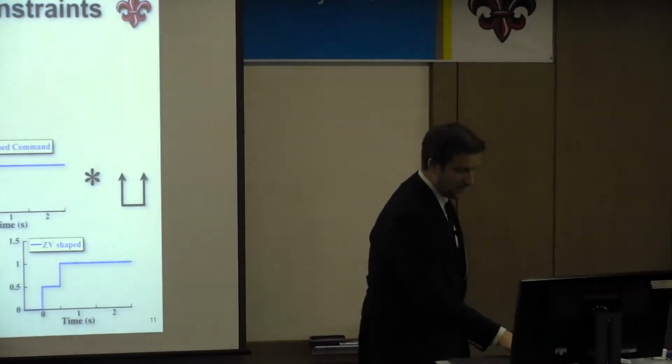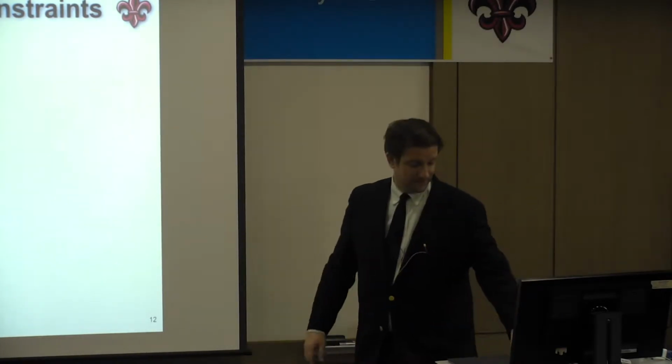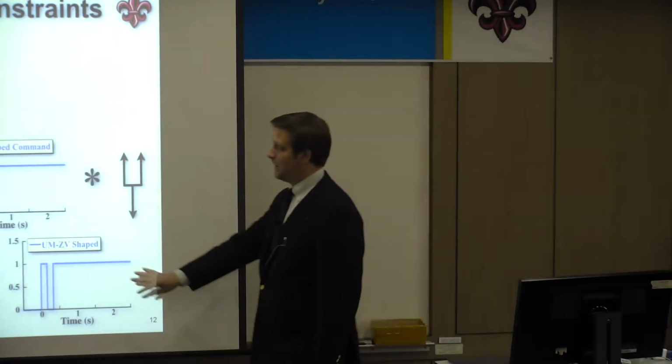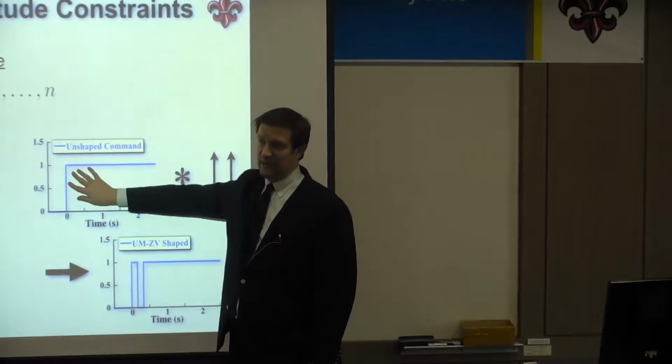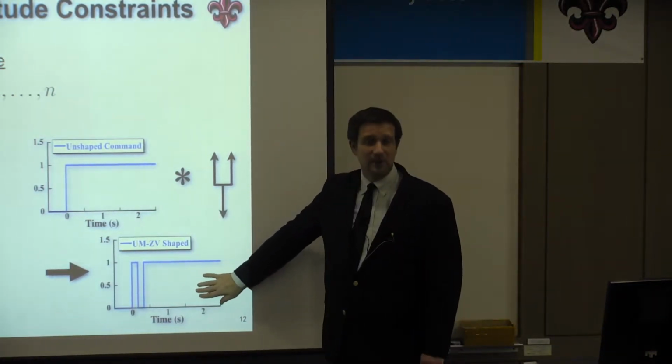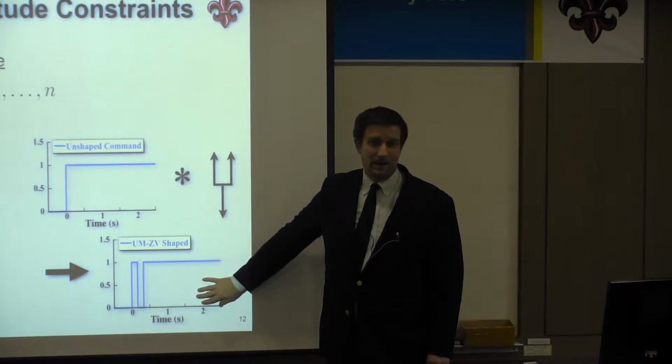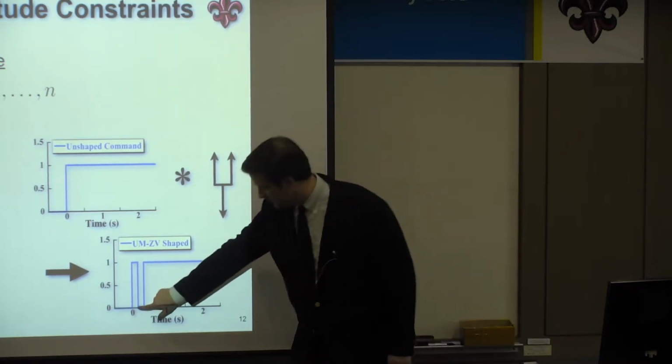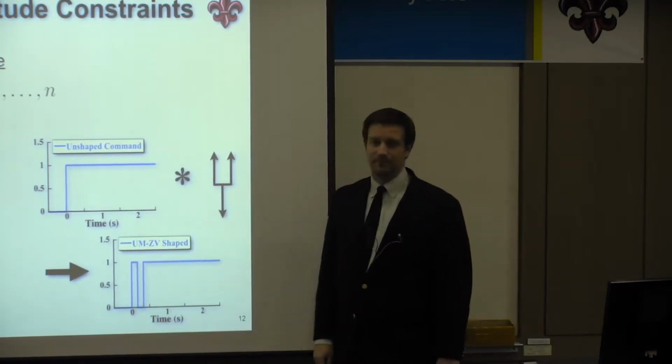However, if I use a unity magnitude input shaper, you'll notice that my original command was 0 or 1. It was safe for my system. And now my UMZV shaped command, my unity magnitude shaped command, is also safe for my on or off system.